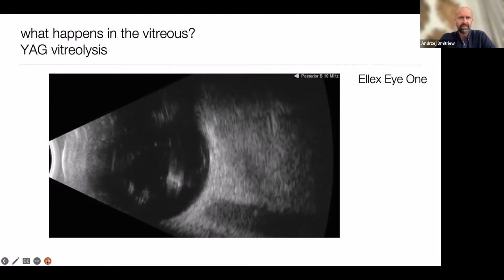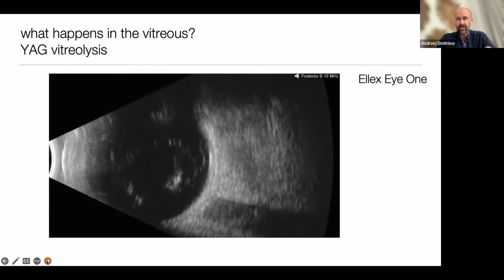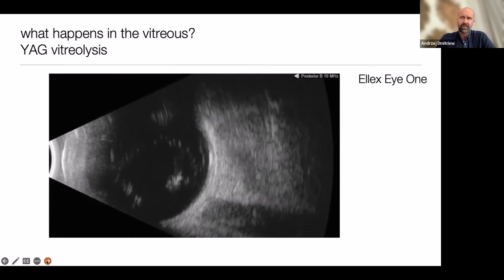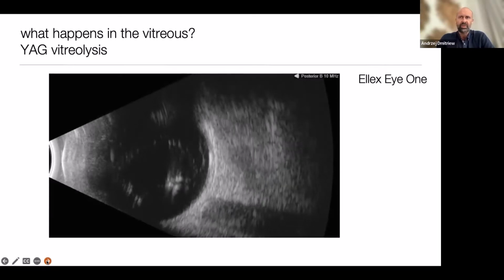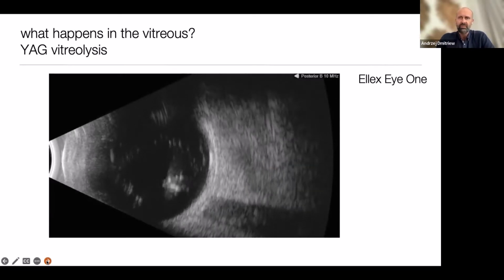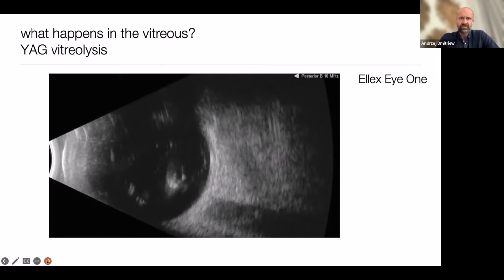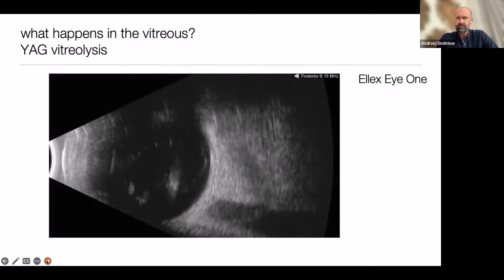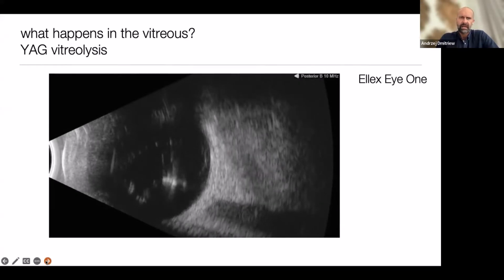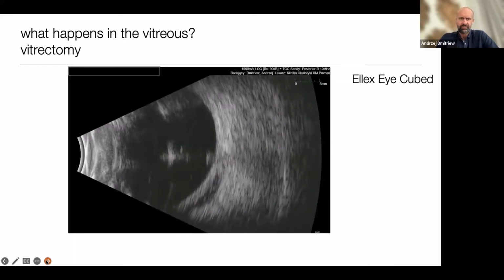And both Paul and myself did it before just to show other specialists what's really going on there, how minimal is the movement of vitreous during YAG laser vitreolysis. And that's probably one of the reasons why we feel so confident regarding the outcomes and safety of this procedure.